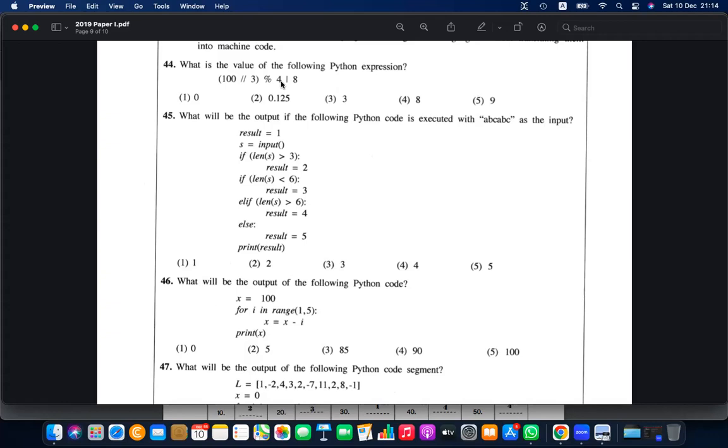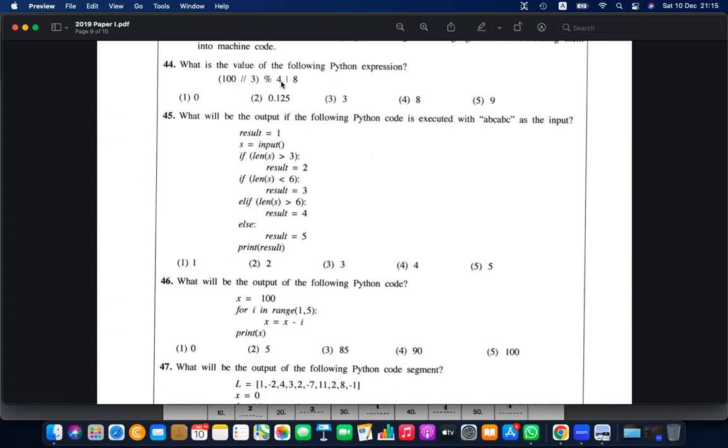I think you can remember the order. BODMAS is somewhat applicable. First the brackets, then the power, which has a higher level than multiplication and division.